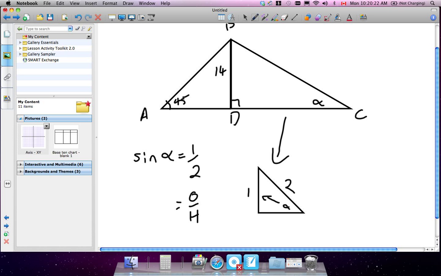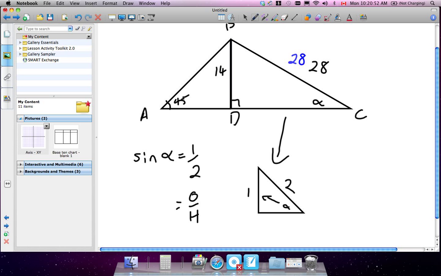So sine is 1 over 2, opposite over hypotenuse. Now in the actual triangle they've shown us, this distance is 14. We know from scale that the hypotenuse is going to be twice as long as this side here. So if this side is 14, we're looking at a distance of 28 here. They want us to go through it that way.